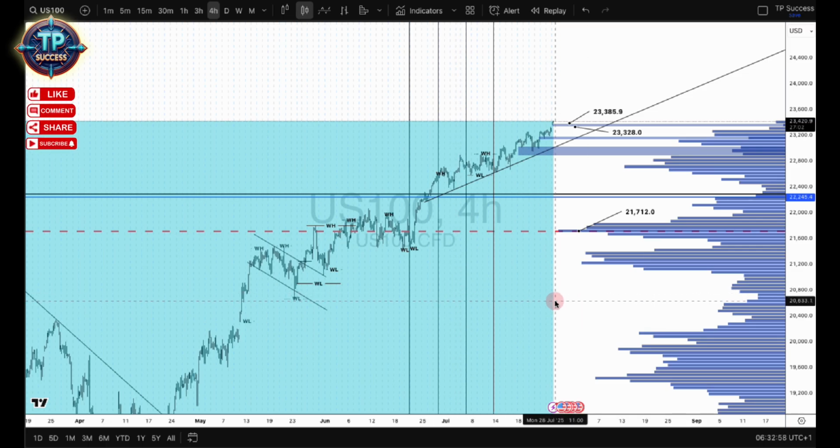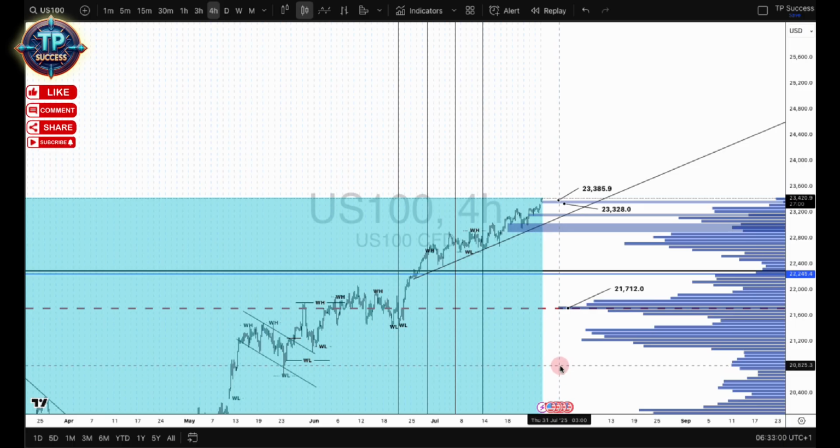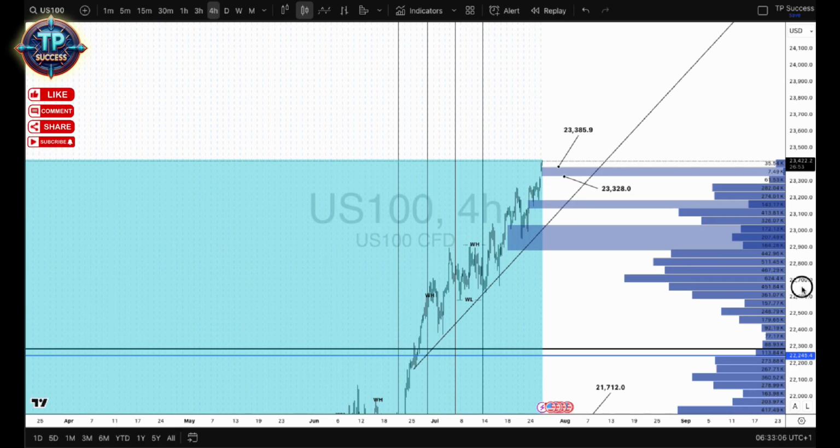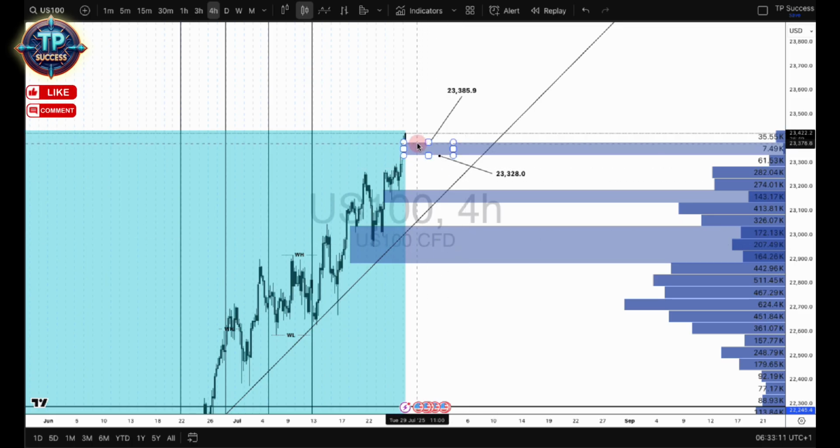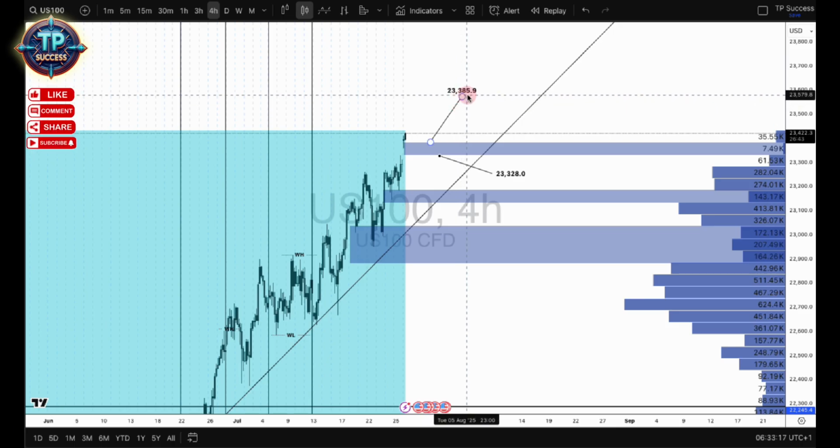But however, as it stands, NAS is looking bullish. It is looking bullish, right? And the opportunity to jump in, especially if it gives us the opportunity, is if price comes down from where it is right now back into the 23,385.9 level, starts to move away.